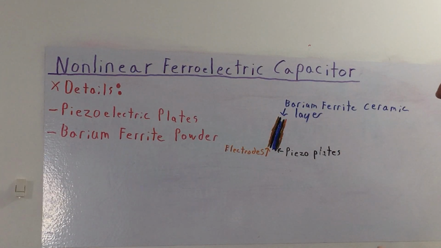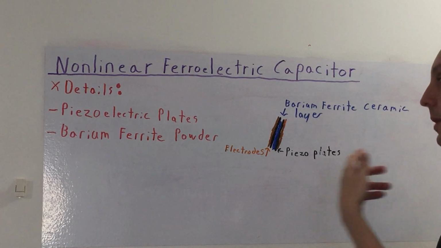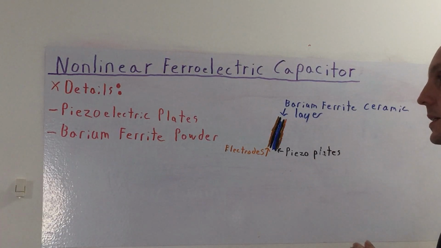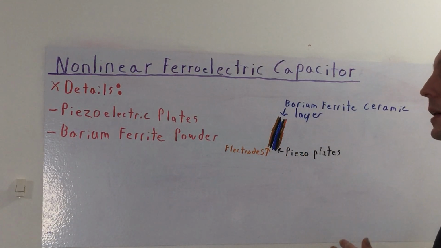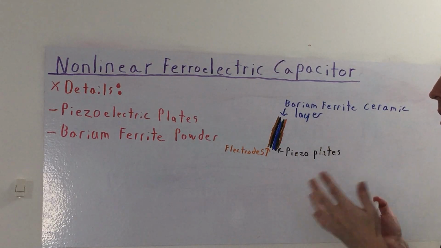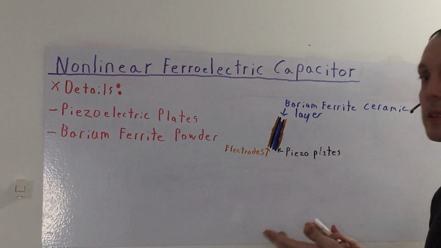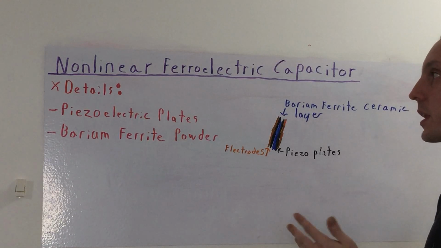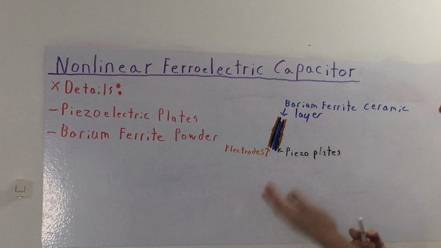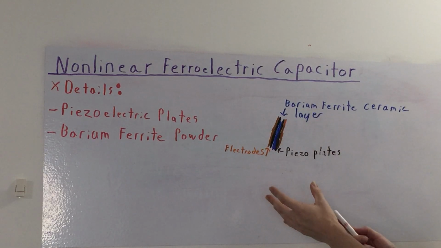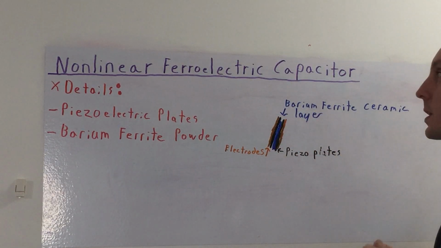The nonlinear properties of piezoelectric plates can be very critical for applications where the dielectric constant of the material changes with the applied electric field. It affects the capacitance of the components.